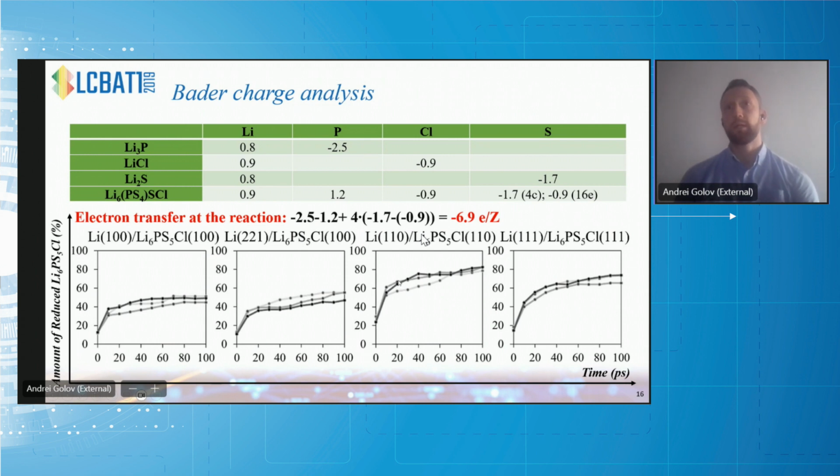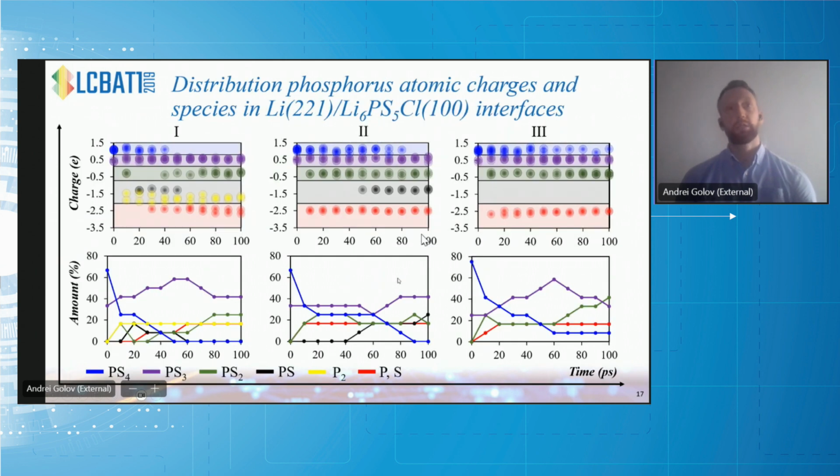The morphology of the electrolyte almost doesn't affect the reaction rate. However, it affects the distribution of intermediate products of the reaction and overall the reaction pathway. Also, it should be noted that there is a strict relationship between the charge of the phosphorus and sulfur ions and the type of the molecular group which contains these atoms.